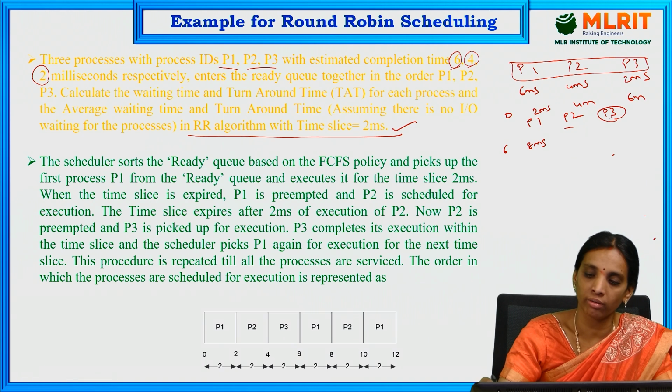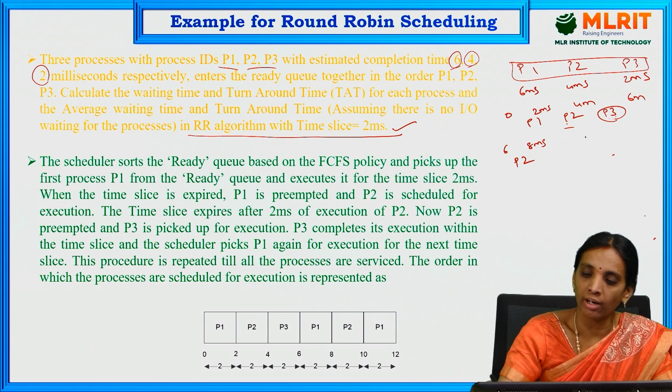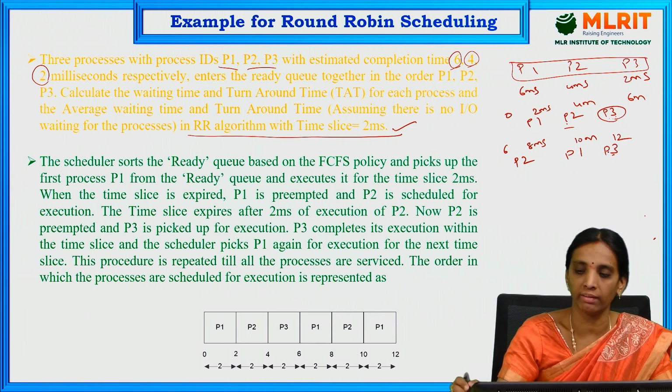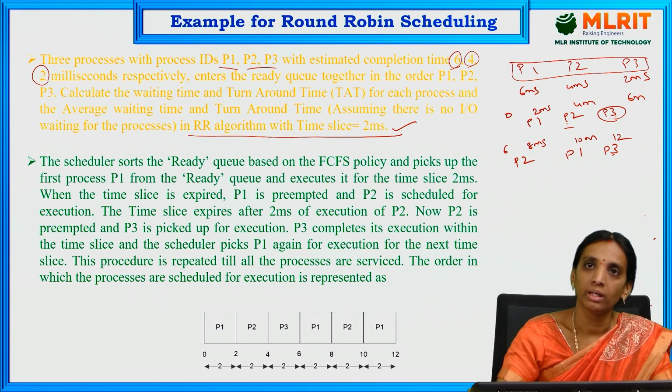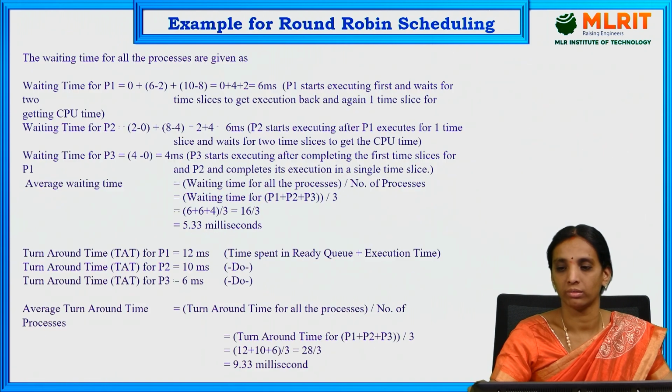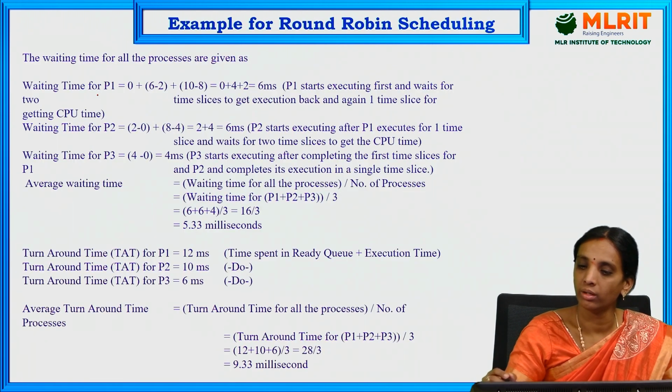If not completed, it is preempted and P2 takes its execution, and from 8 to 10 milliseconds P1 takes its execution, and next from 10 to 12 milliseconds P3 takes its execution. Like that, all the processes take their time slices again and again to complete their execution.